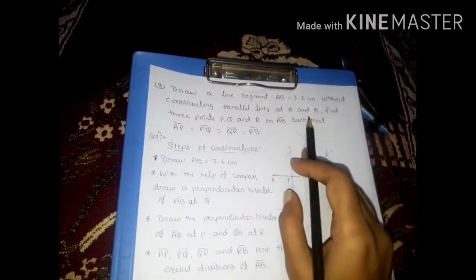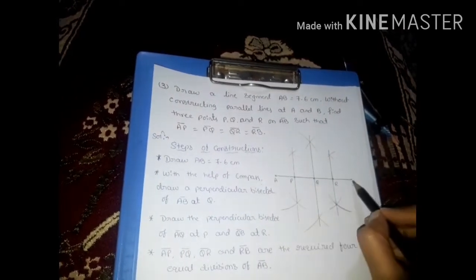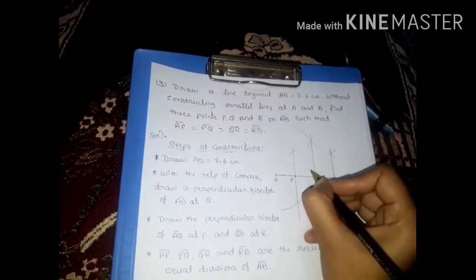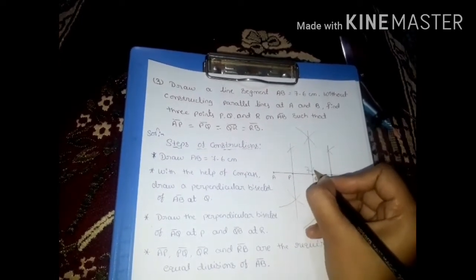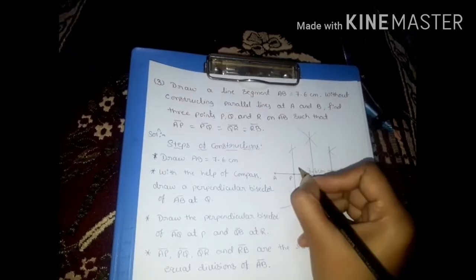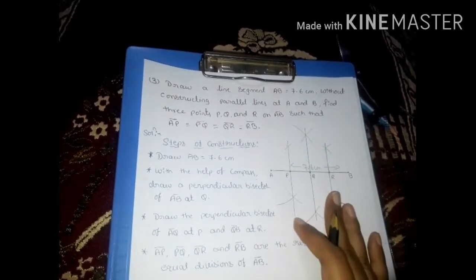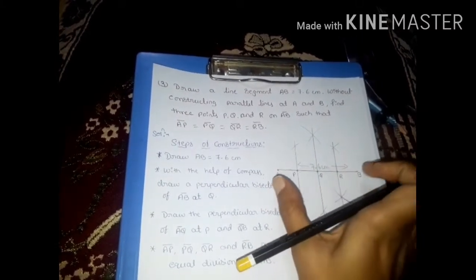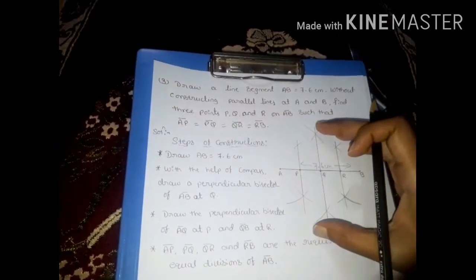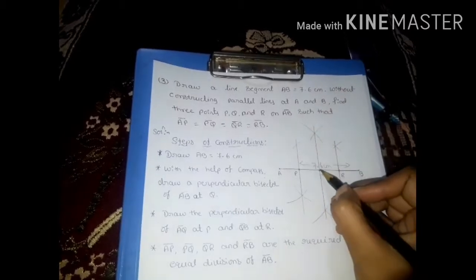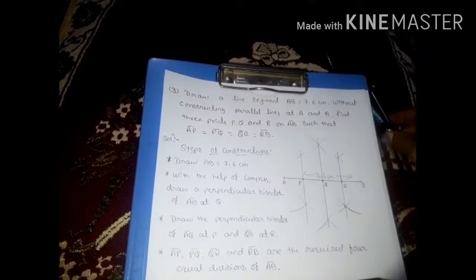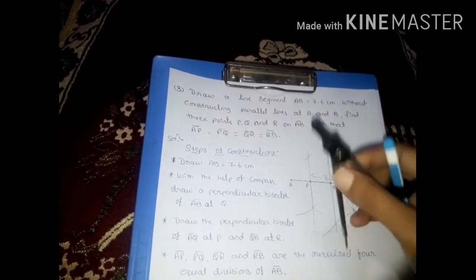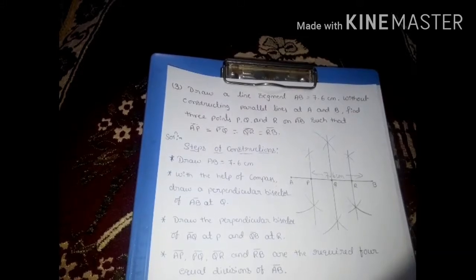So to do this one, first you have to draw a line segment AB which is equal to 7.6 cm. Draw a line using a ruler. To divide the given line into 4 equal parts, first you have to divide the given line AB by drawing a perpendicular bisector at point Q. So to draw this one, already you studied in 6th standard and also in previous classes we explained how to draw a perpendicular bisector.